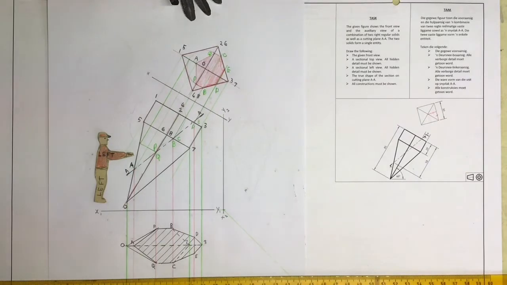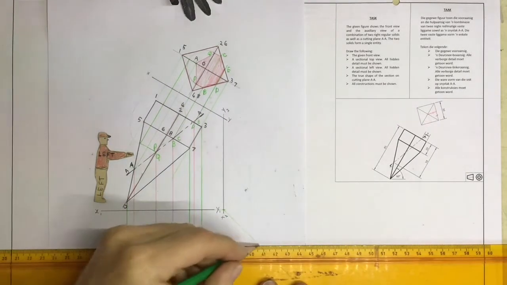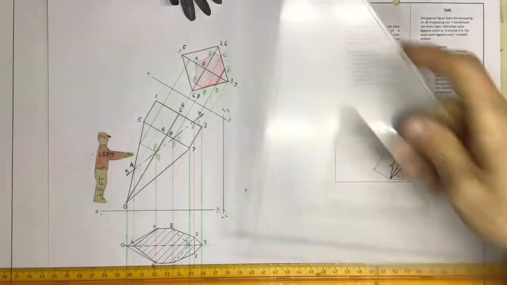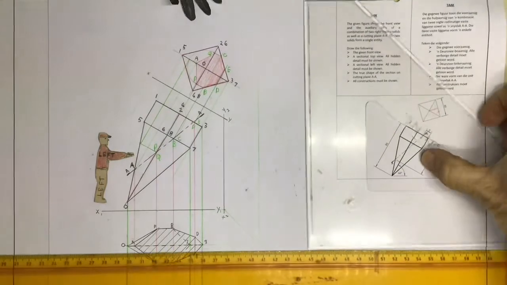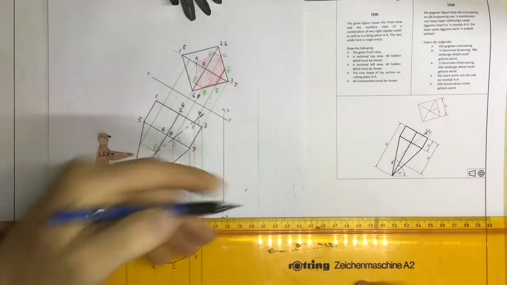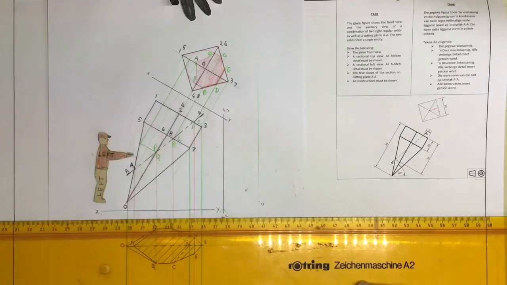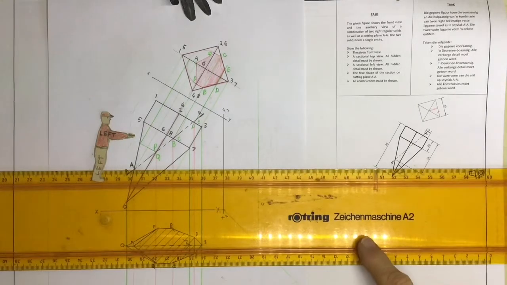Let's start with point 0, take it across, cuts the 45-degree line, draw a line coming up over here, and I can then mark off point 0 over there, mark it as point 0. Right, what other things are on that line? A is on that line. Let's take that across.